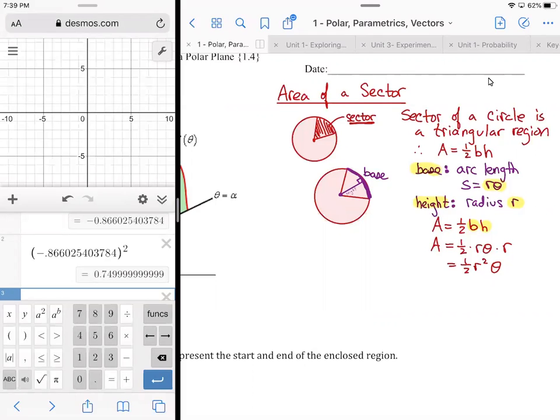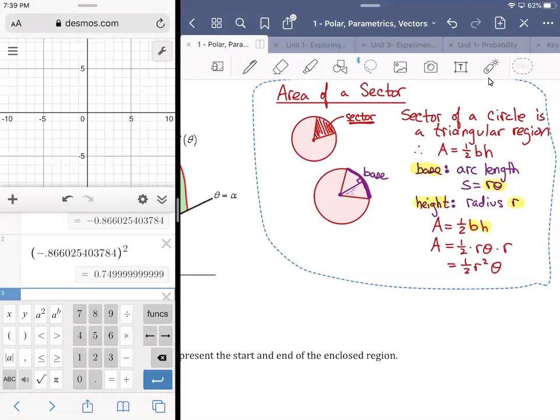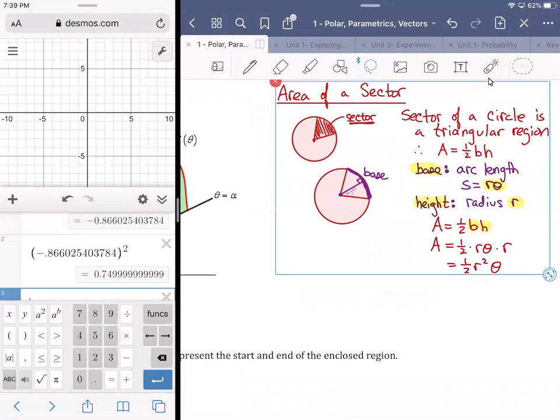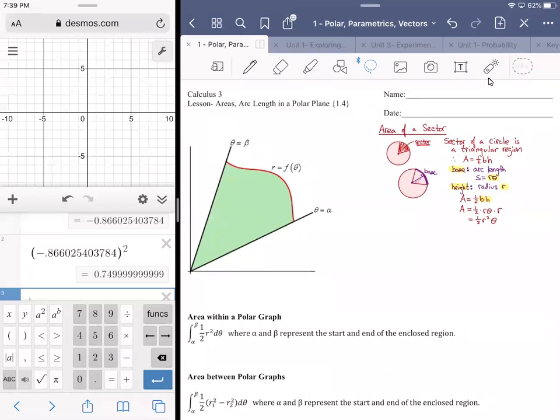But it leads us to something great, because if we look at any polar graph as being a collection of infinitely many circles, and that's going to require some explanation, I'll get to that in a second, then we could actually apply this relationship to any polar graph, right? So what's happening in this diagram here is you have r as some function of theta, right?